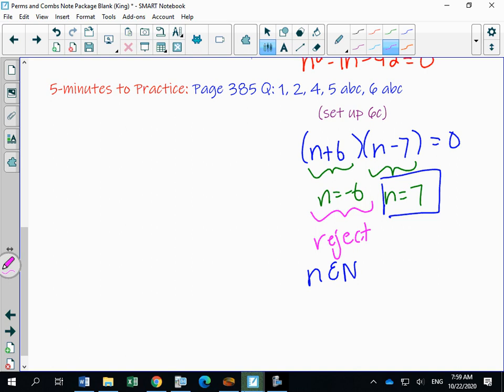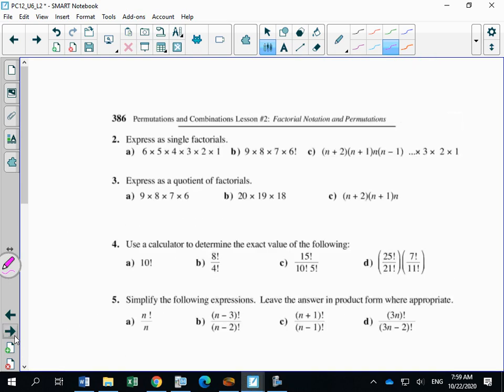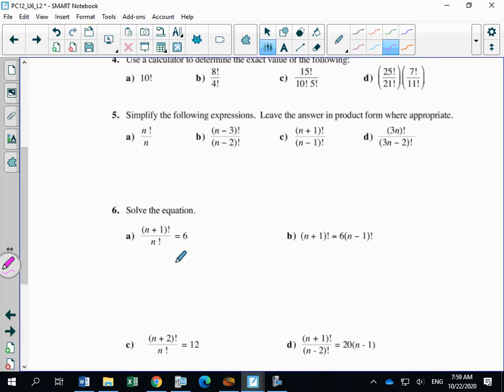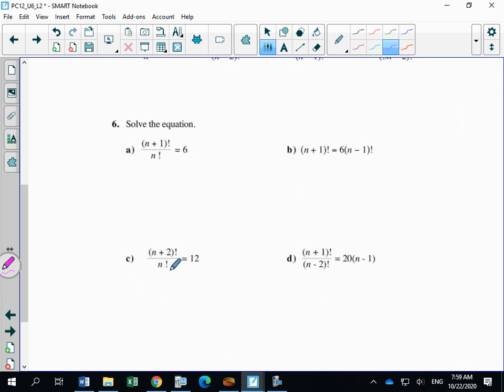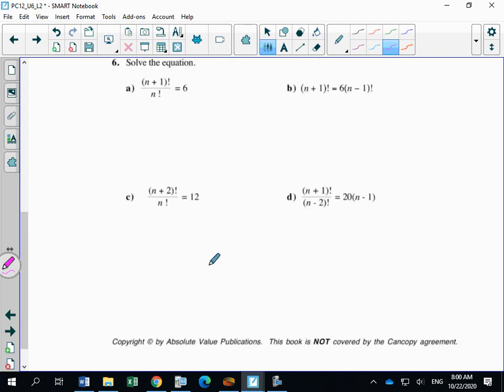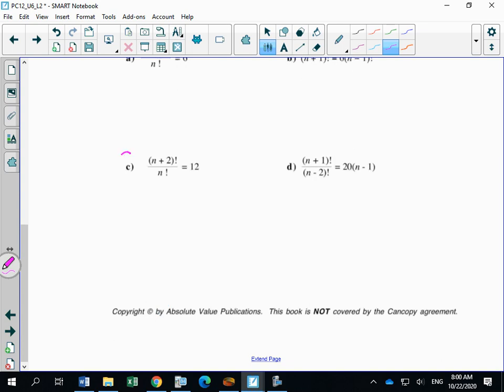So let's look at the homework for 6C. In the homework, I think I eliminated 6D, so you could cross that out. And let's just have a quick look at 6C. Okay, solve this equation. Again, if you begin to unzip, you always unzip the bigger one.